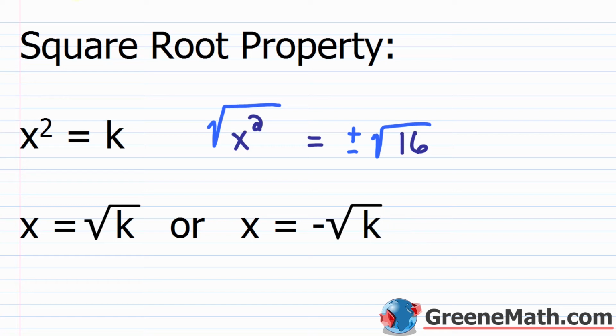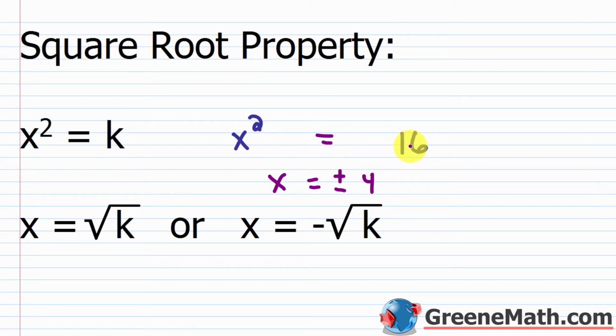And if we go through and cancel here, we know that this index would cancel with this exponent. That isolates x on the left side. On the right side, I have plus or minus the square root of 16, which is plus or minus 4. Now think about the fact that in the original equation, you had x squared equals 16. So 4 squared is 16, but also negative 4 squared is 16.